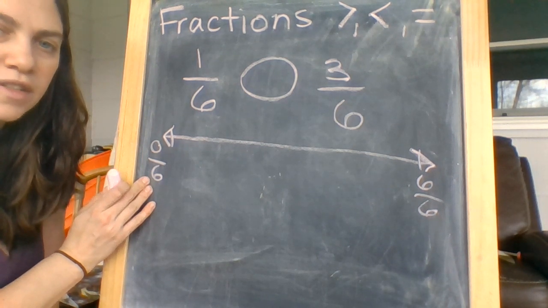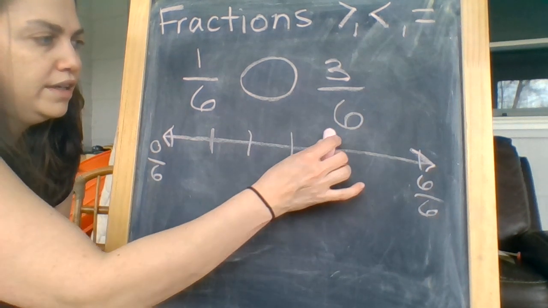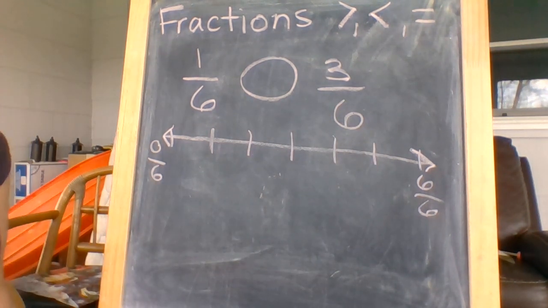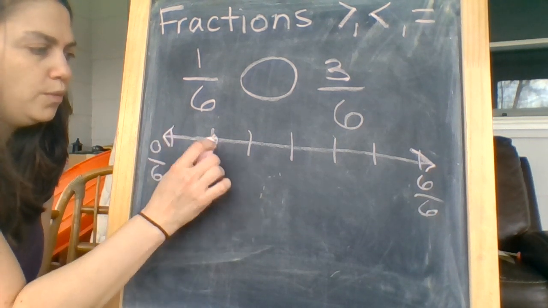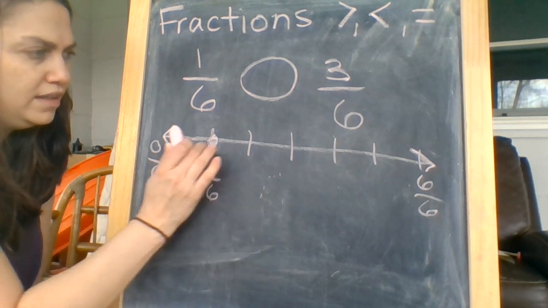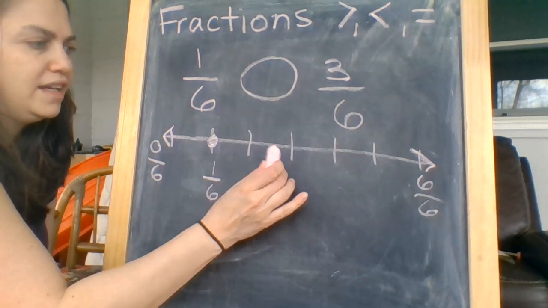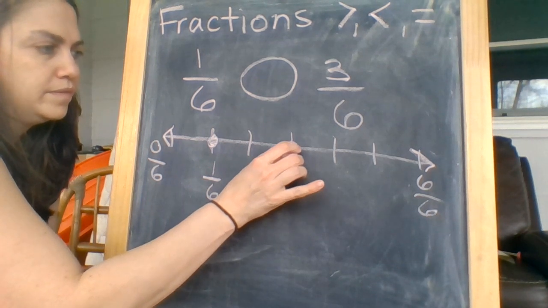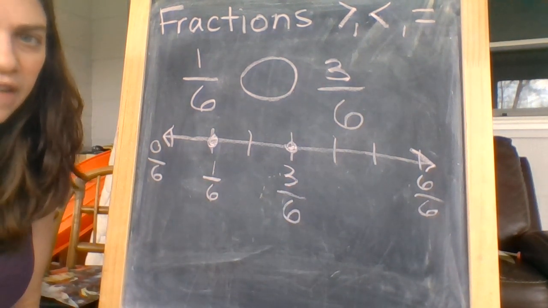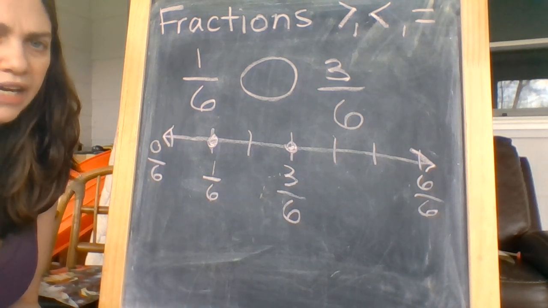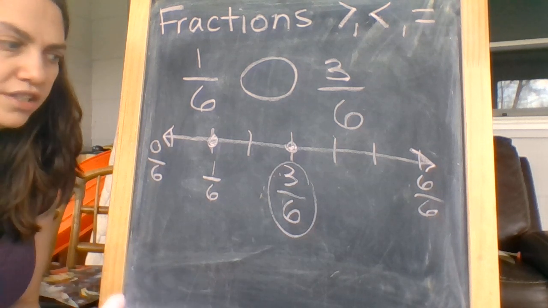If I want 6 pieces, I'm going to make 5 segments. 1, 2, 3, 4, 5. And now I need to label where 1/6 goes. So that's 1/6, 2/6, 3/6, 4/6, 5/6. And like 3/6, so that's 1, 2, 3. I already think I know the answer from this picture. Which one's greater? 3/6.